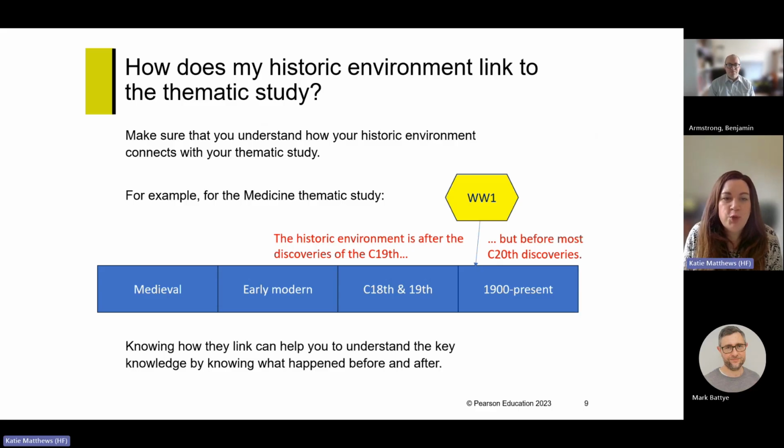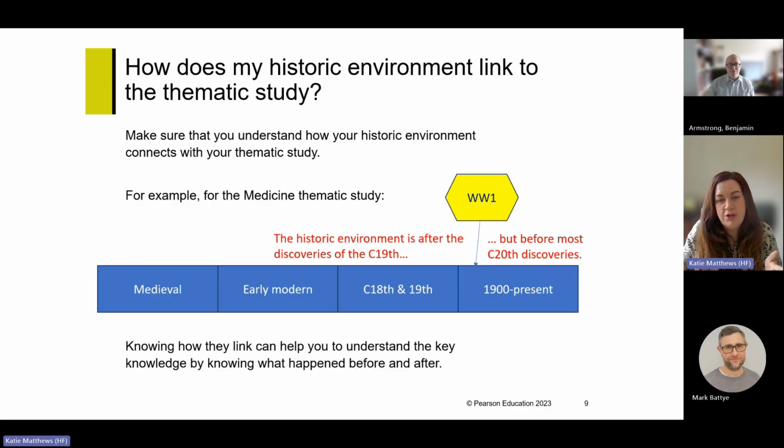So how do we make sure that we understand how the historic environment links to this paper as a whole? As Ben said, in this video, we're just looking at a small section, section A, but it fits into the wider thematic paper. So, for example, for the medicine thematic, your historic environment would be World War One, and that fits into key topic 4 of the overall thematic.